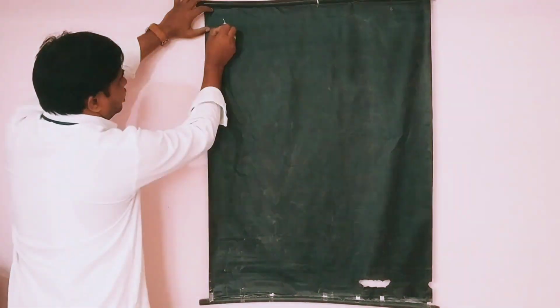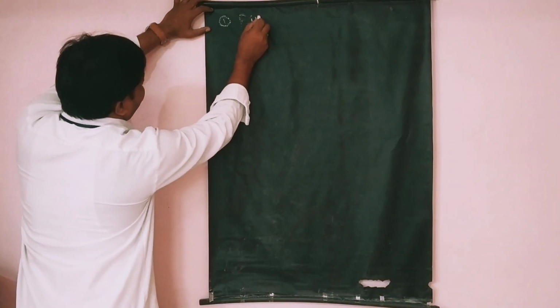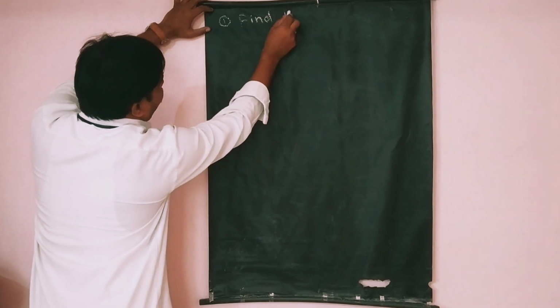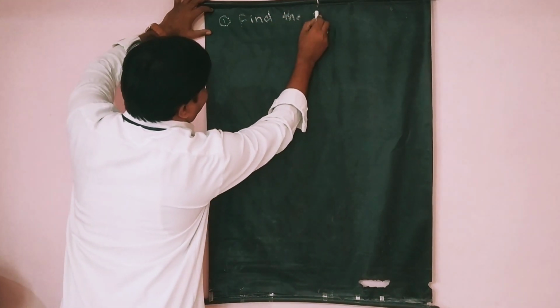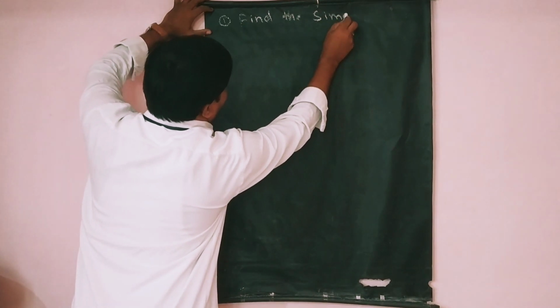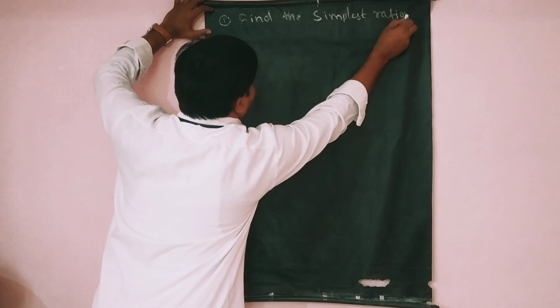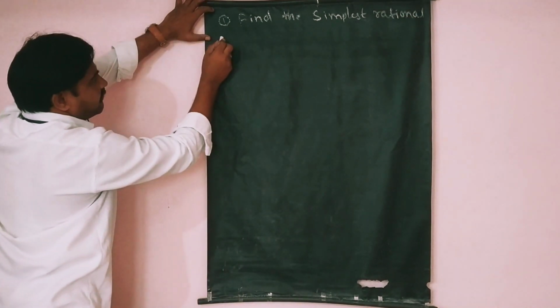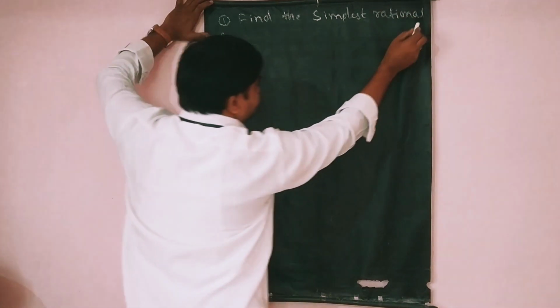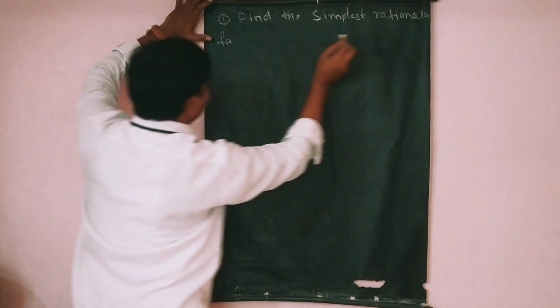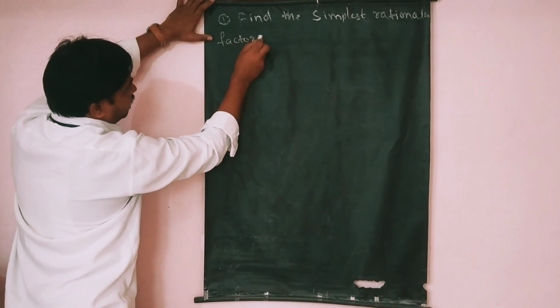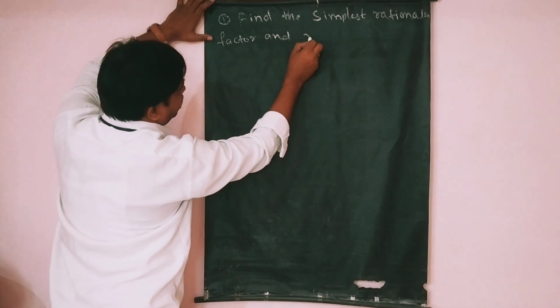Now find the simplest form of the rationalizing factor and rationalize the following.